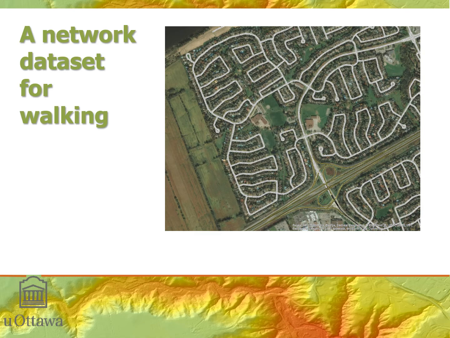So let's look at a network data set for walking. So here we can see this example. We have walking paths and we have streets. So I guess what I meant by we're not going to use a very complex multimodal example in this module.